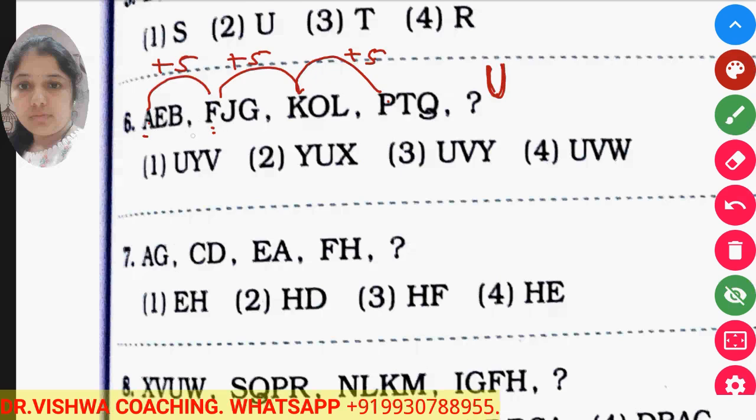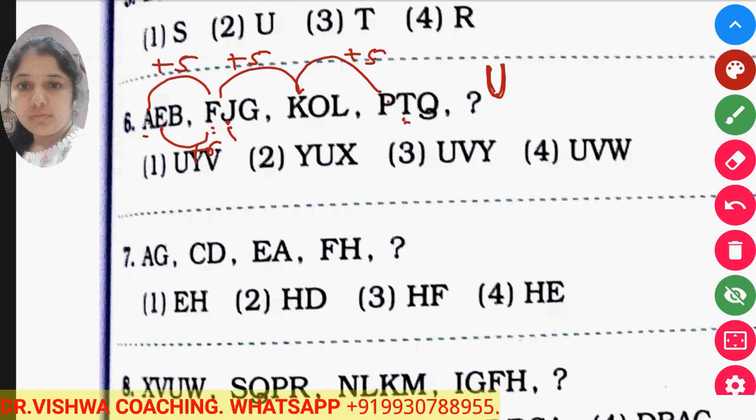Okay. Now the same thing you apply here, E, F, G, H, I, J. Then K, L, M, N, O. 5th letter is taken. So add the 6th alphabet in it.